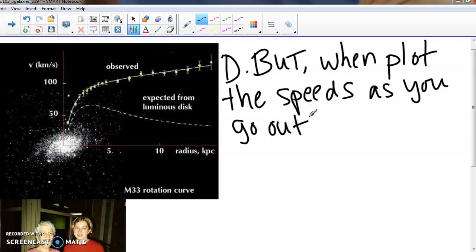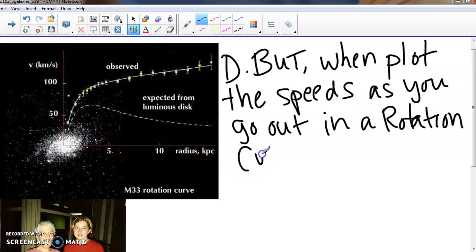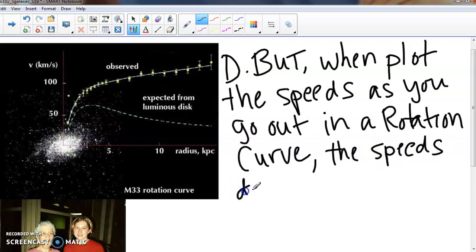When you plot the speeds as you go out in a rotation curve, a rotation curve is this actual plot of speeds versus distance. The but is the speeds do not decrease as we predicted.